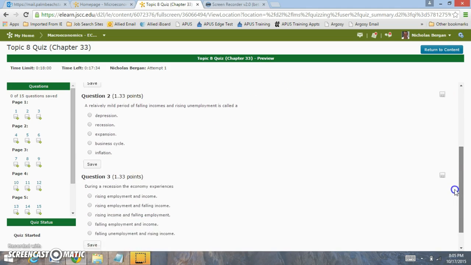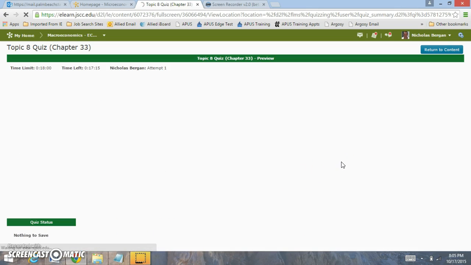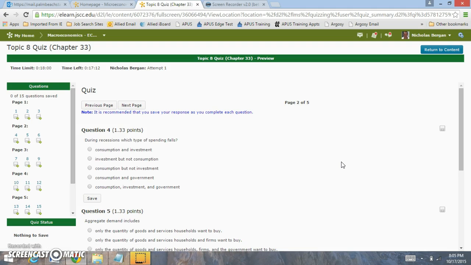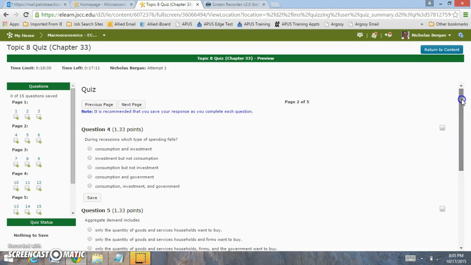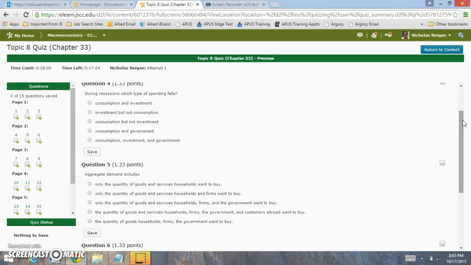The mild period of falling incomes and rising unemployment: what part of the business cycle is that? Now, during recessions, 2 things occur with regard to employment levels, unemployment levels, and our income. Question 4, dealing with recessions: what 2 things will decrease?